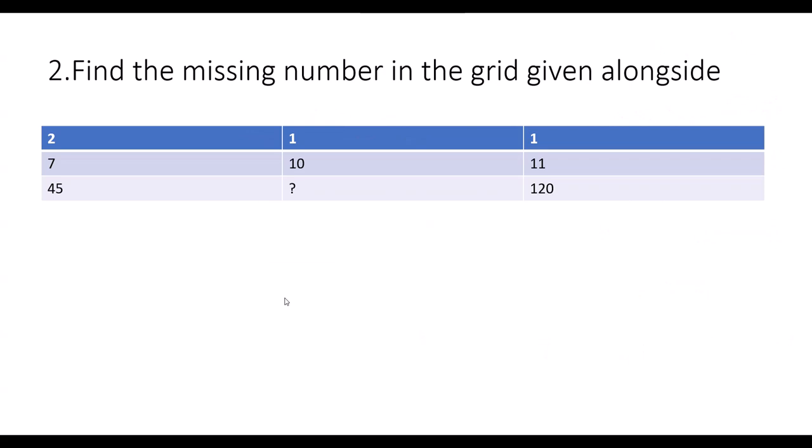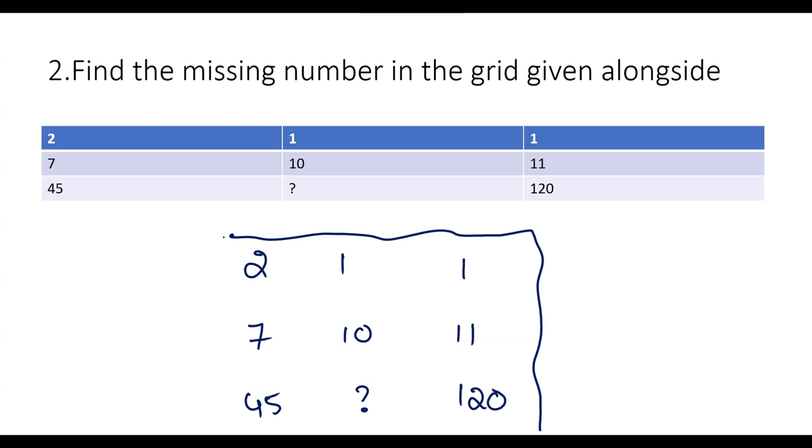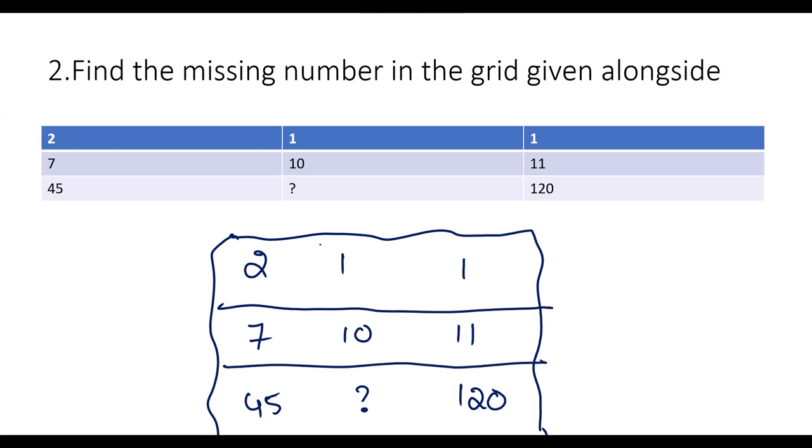So now let's say this is the question where we have 2, 1, 1, 7, 10, 11, 45, question mark, 120. Now see the logic. In the numerical puzzle test, we have to play with the numbers. We have to identify the missing term.